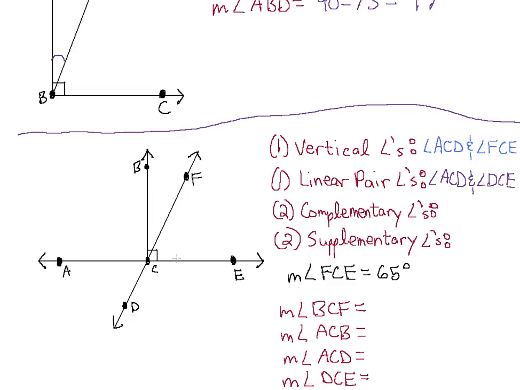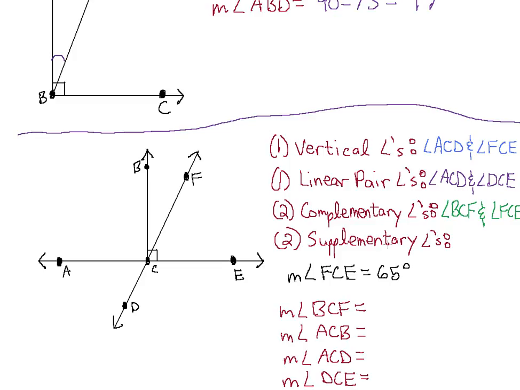And here we know we have a right angle, a 90-degree angle. So these two angles, BCF and FCE, are complementary to one another. So we can say that angle BCF and angle FCE are complementary. We should be very familiar with complementary by now. We've done a few videos on it so far. So let's take a look at the next one.